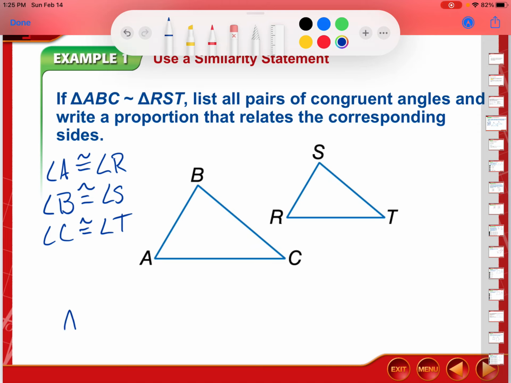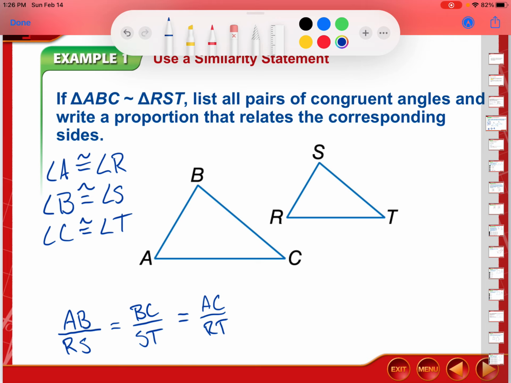So, I'm going to say AB over RS is proportional to BC over ST, and last but not least, AC over RT.